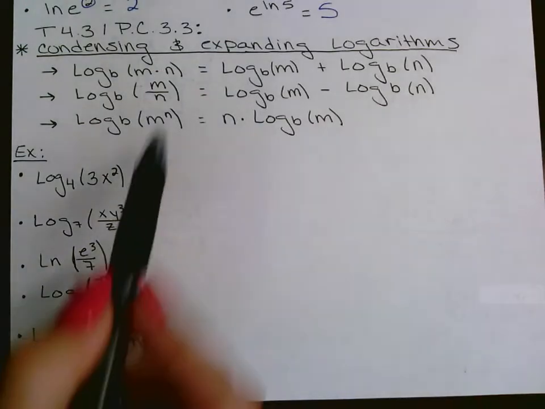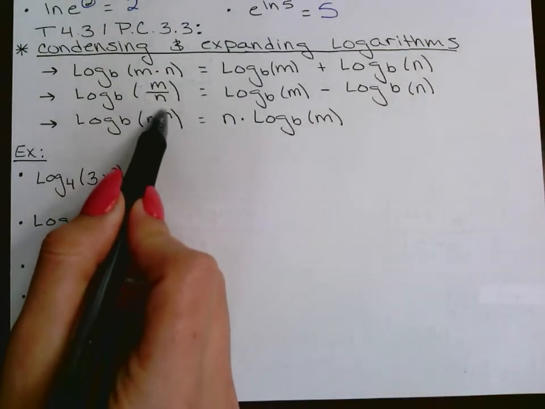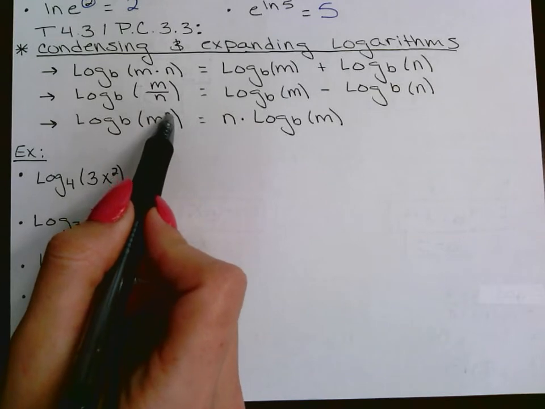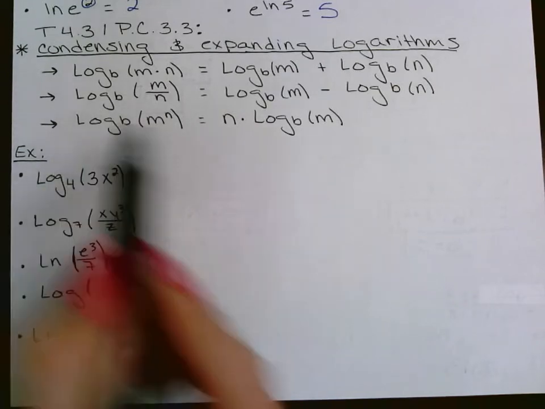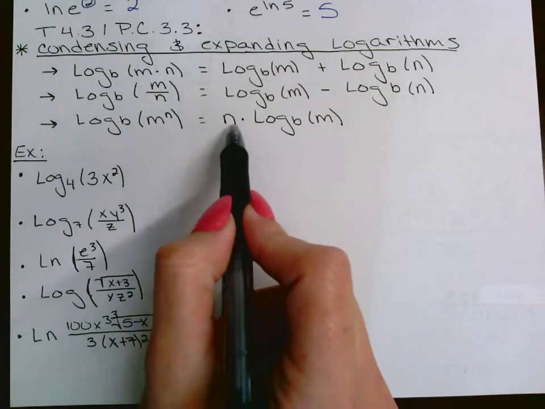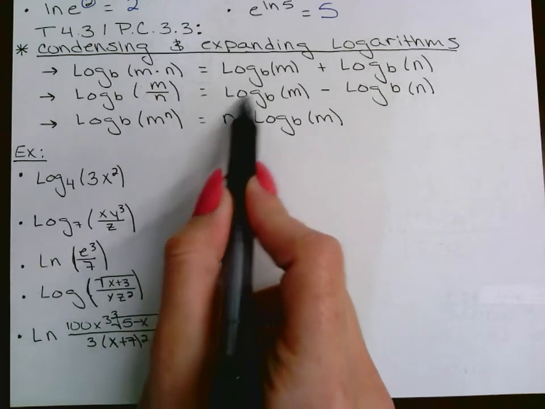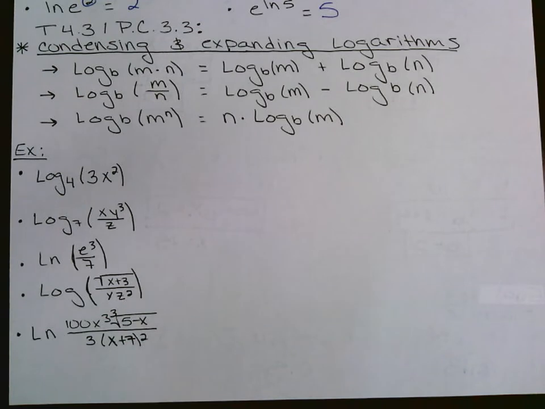And lastly, exponents on logarithms and natural logarithms are allowed to be interchanged and moved to the front as a coefficient, and vice versa. If I have a coefficient here, I can move it and put it as an exponent to that n. M and n can be numbers or variables.